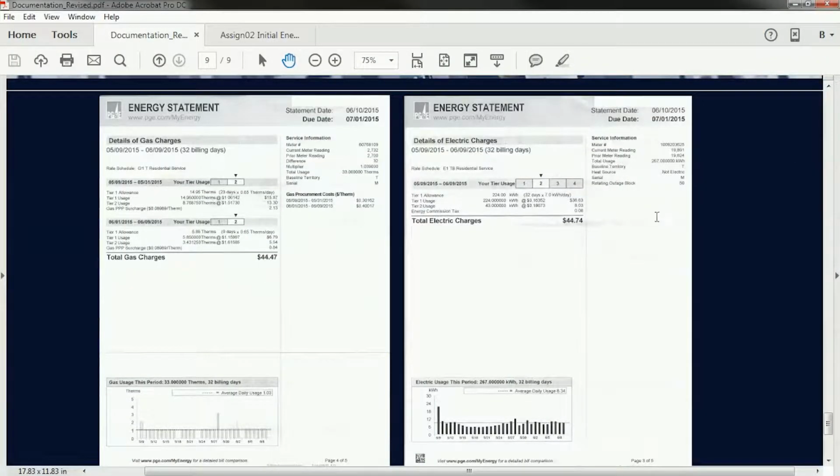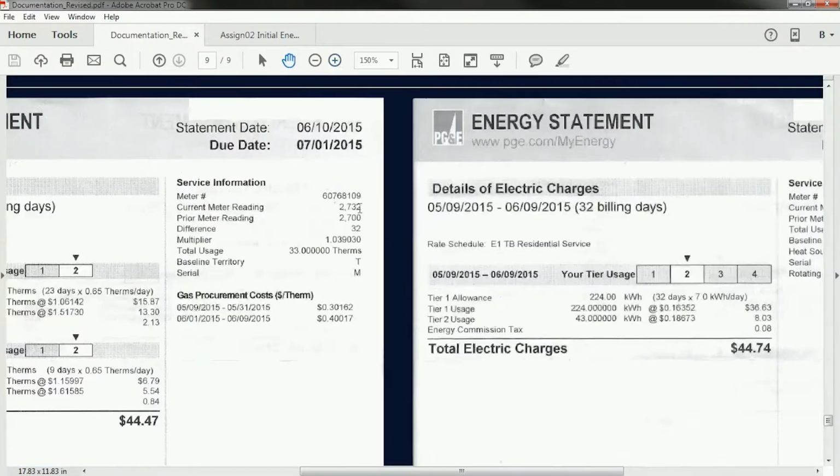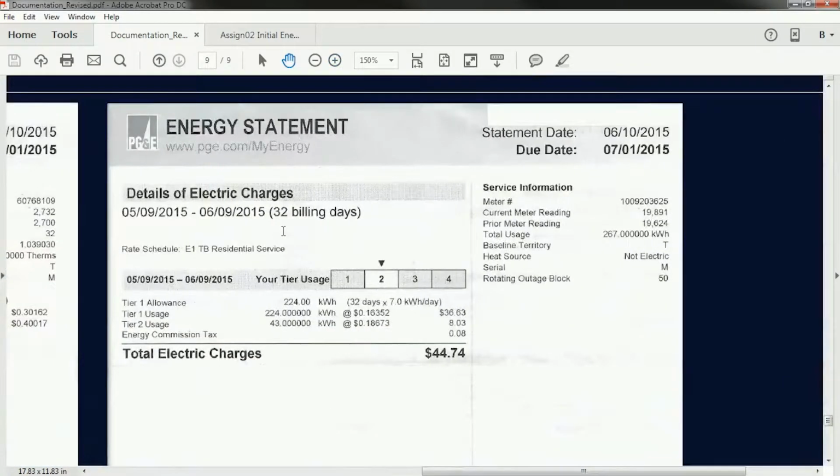If I go over here to the electricity portion, I'm going to zoom in so we can see this better. You can see that the Tier 1 allowance is for 224 kilowatt hours, which is here, and that's at 16 cents a kilowatt hour. Tier 2 usage, which occurs once you exceed that Tier 1 use, is 43 kilowatt hours at 18.6 cents per kilowatt hour.